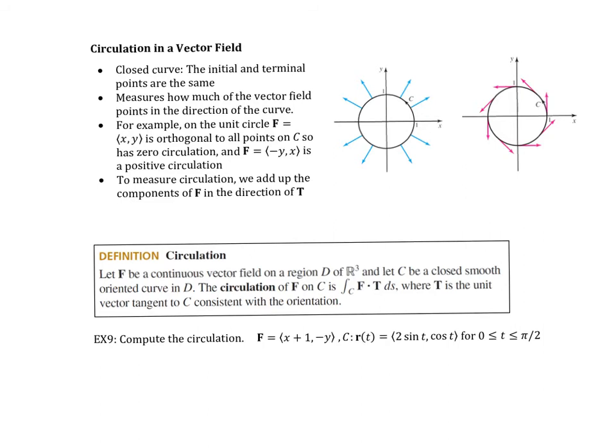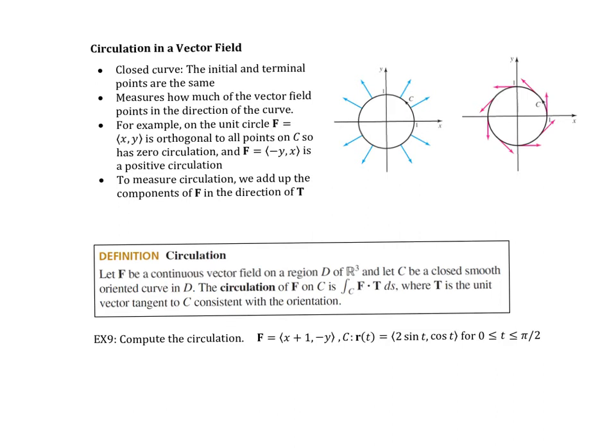And a major concept that falls out of these line integrals, besides work, is what's called circulation. And in fact, at the end of this section, we're going to look at two major concepts. One would be this circulation that we're going to talk about now, and the next one would be flux. Circulation and flux will be talked about pretty much every section until the end of this course.